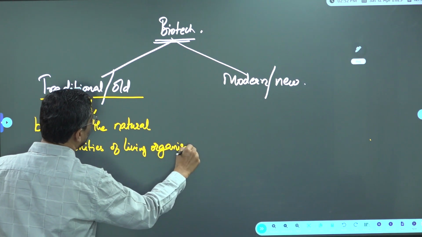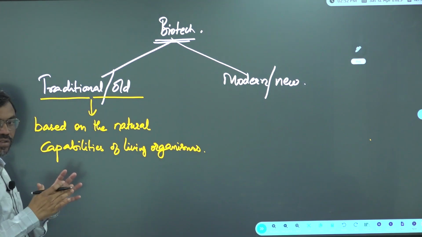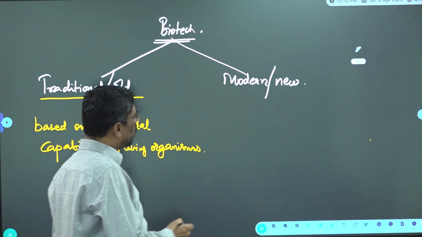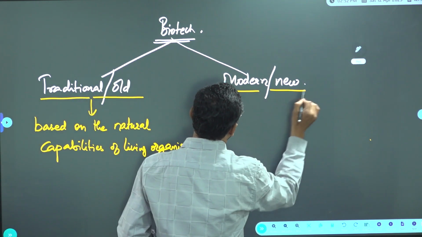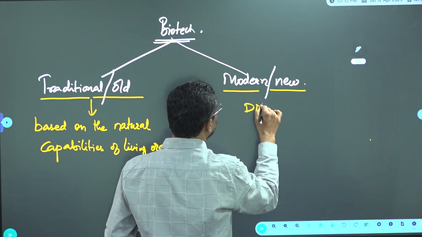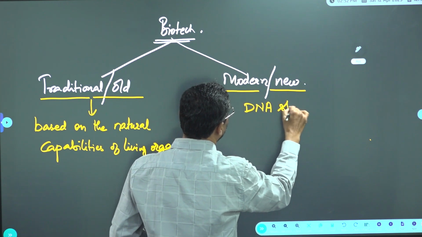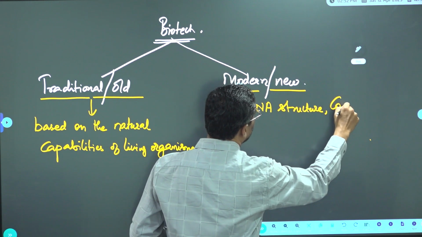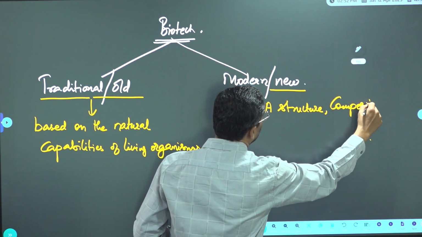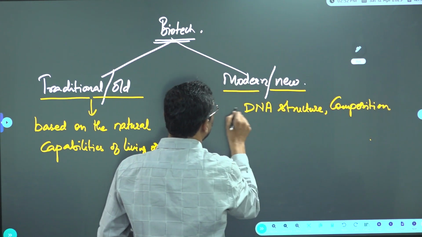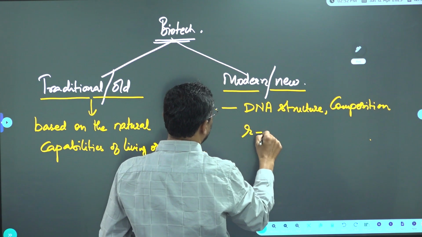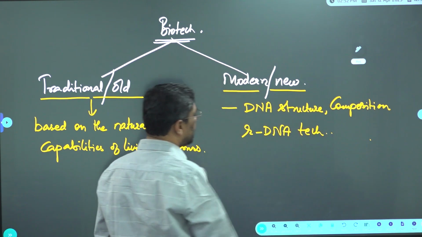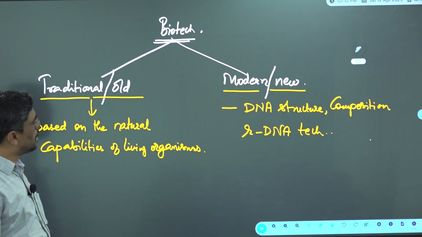That means the biotechnology which is based on the characteristic features of the living organism is called traditional biotechnology. And what about modern biotechnology? It is based on the DNA structure, DNA composition and rDNA technology, that is recombinant DNA technology.